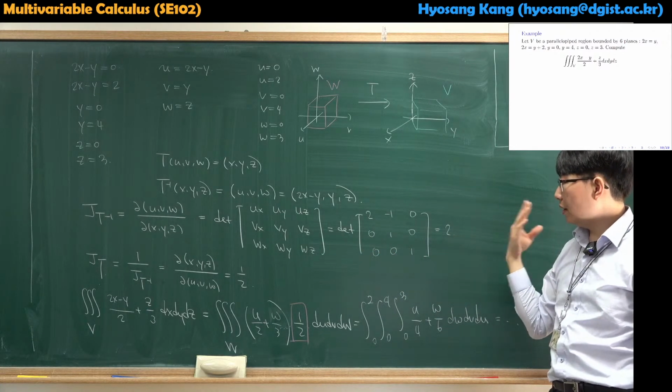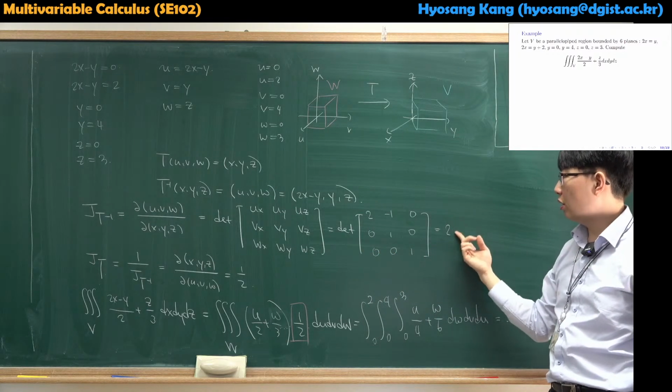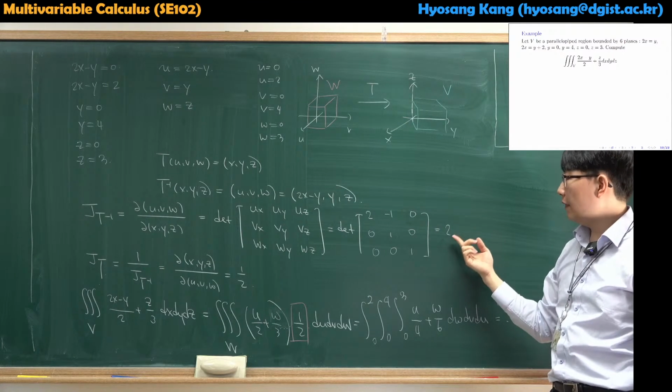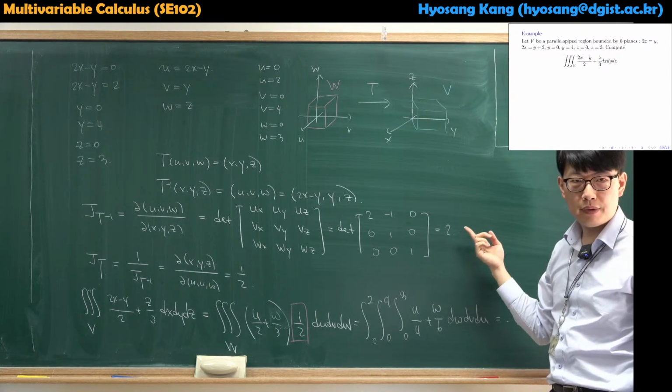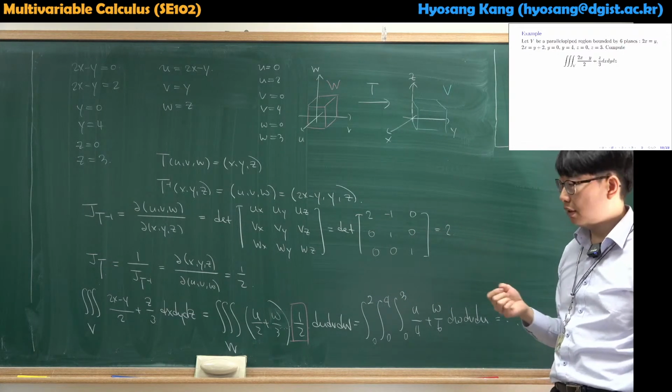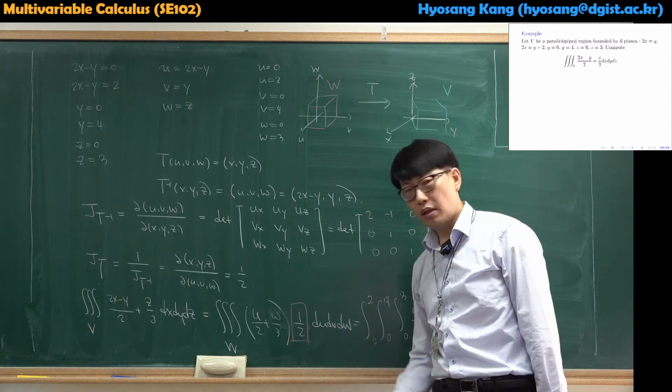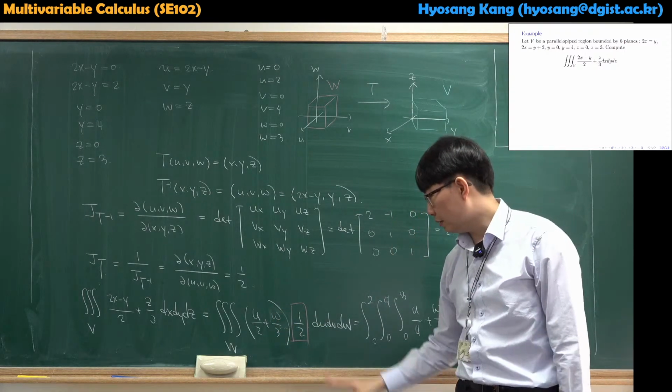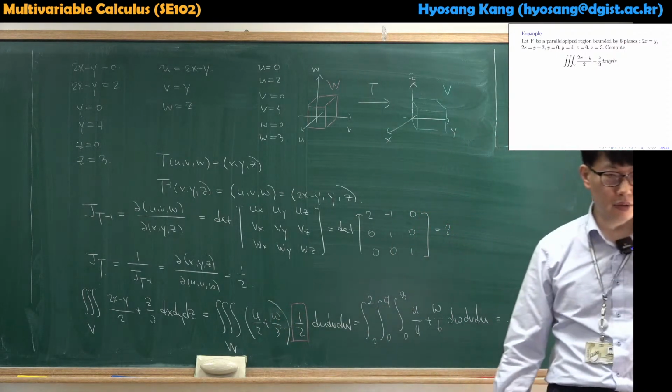Here we are lucky that we have no expression in terms of x, y, z. If it does come with an expression in terms of x, y, z, then you also have to replace x, y, z using u, v, w. But here we don't have that. So just take the multiplication of 1 over 2.